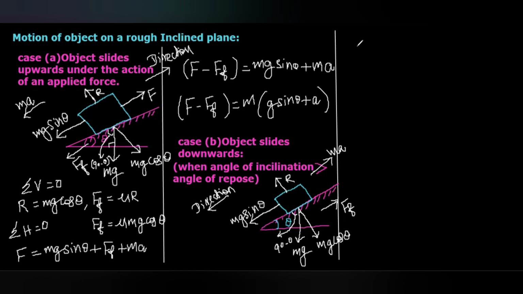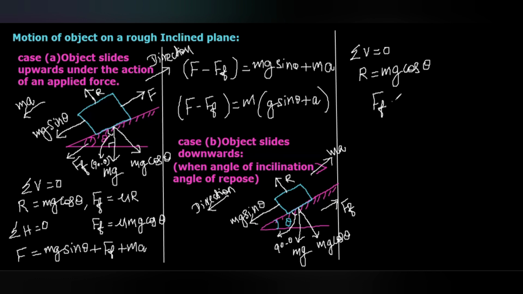So here, the first analysis, summation of vertical forces equal to 0. So we can write R equal to mg cos theta. Okay, so R equal to mg cos theta. Then once we know R, we can write F_f, the frictional force, as mu multiplied with R. So we can write mu mg cos theta.